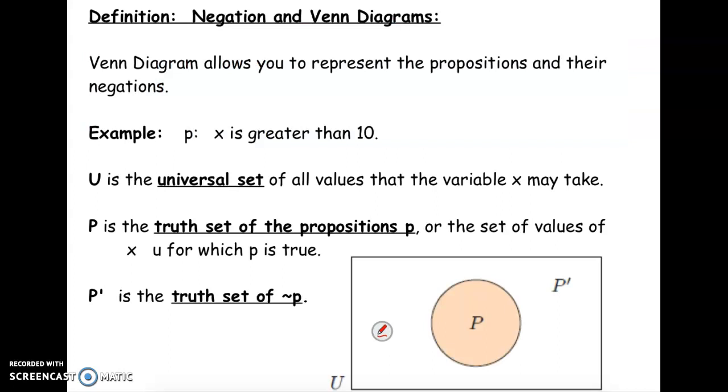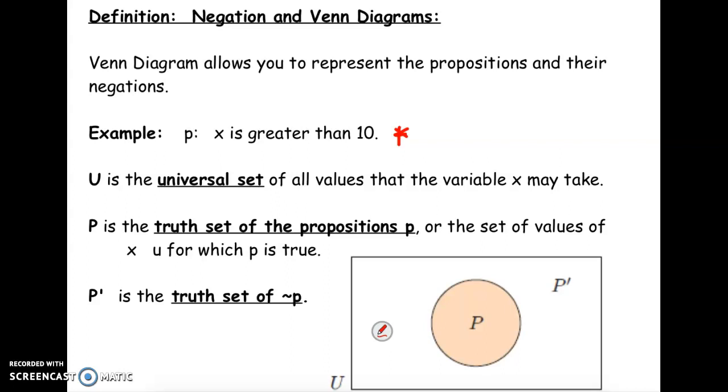The definition of negation in the Venn diagrams. So we worked with Venn diagrams earlier this year. So proposition P, x is greater than 10. U represents that universal set, everything that fits inside of that Venn diagram rectangle.